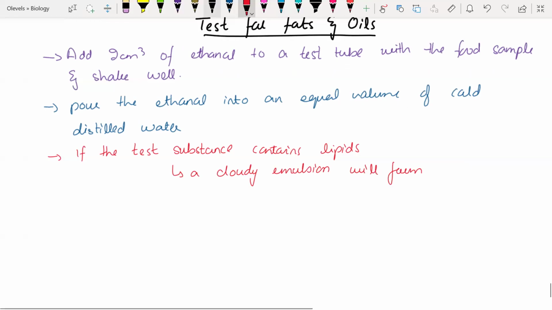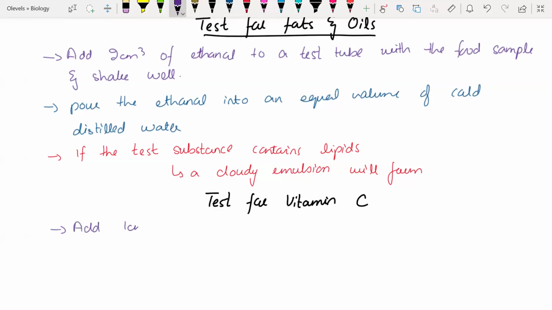Now we have to see the test for vitamin C. In this case, you have to add 1 centimeter cube of DCPIP solution to a test tube. Okay. What is this DCPIP solution?